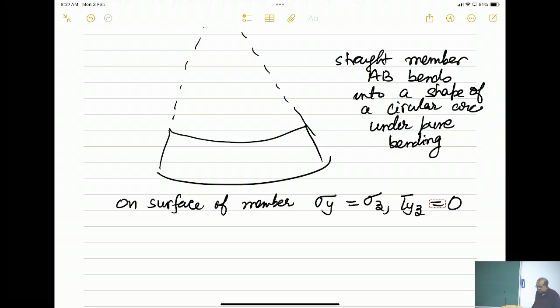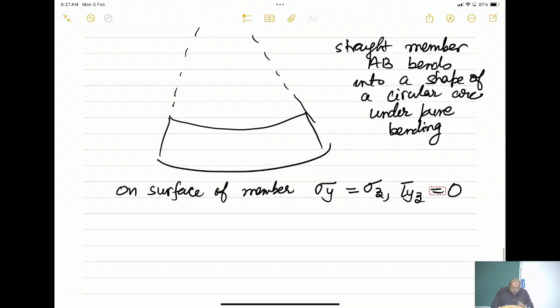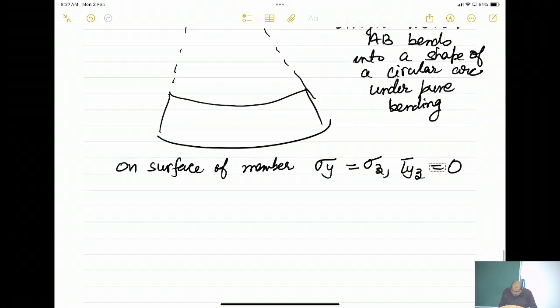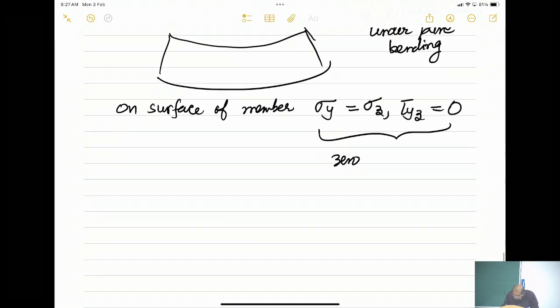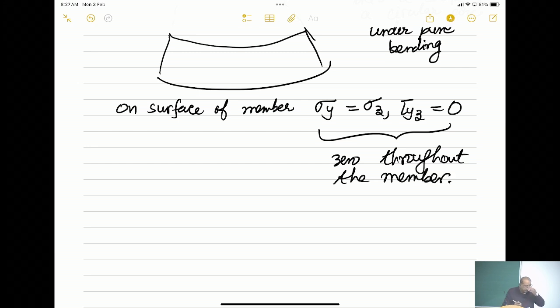Because these components of stress are 0 on the surfaces, inside also, if there has to be continuity, they are 0, because there is nothing which is causing these forces.